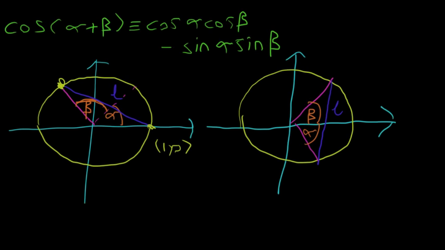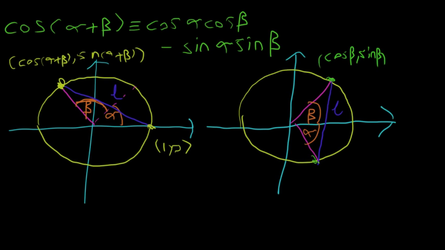Over here, it's just going to be cos of alpha plus beta, sine of alpha plus beta. Writing's a little messy there to fit it all in. And let me write the coordinates of this guy in green. Well, this is just going to be cos of beta, sine of beta.